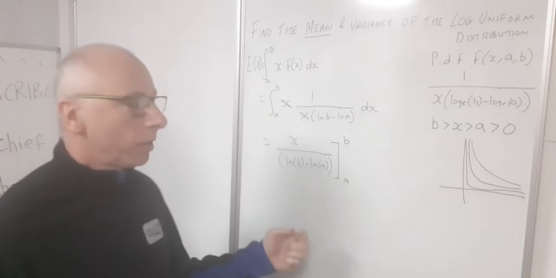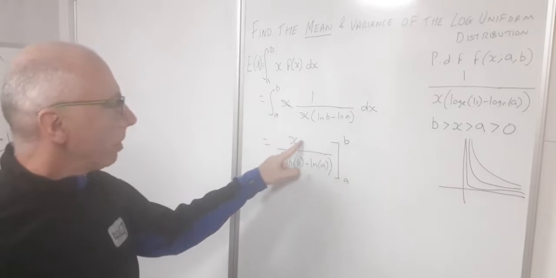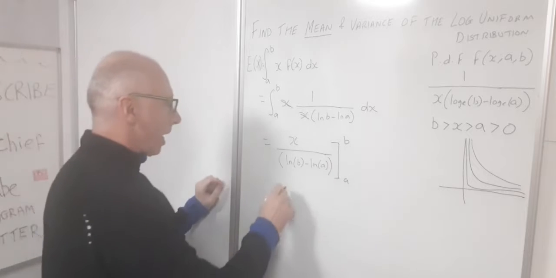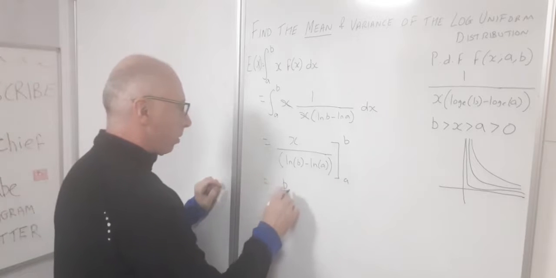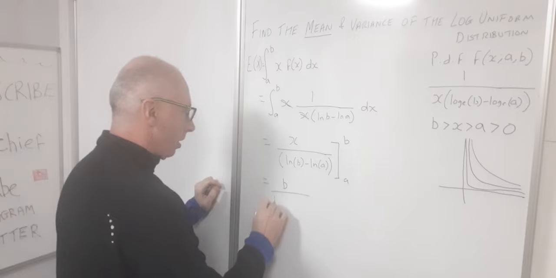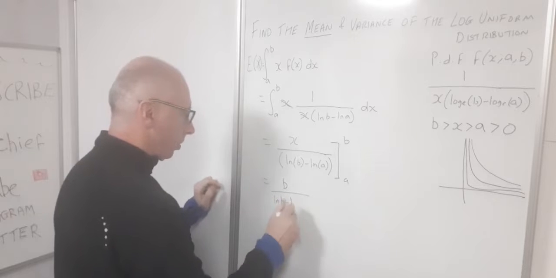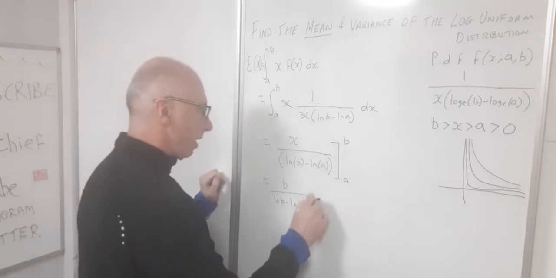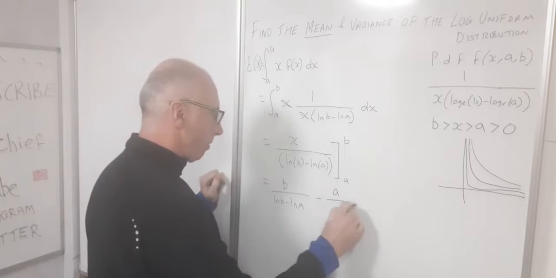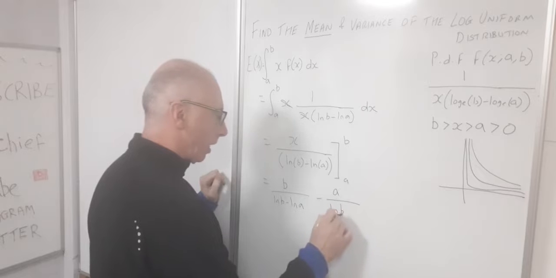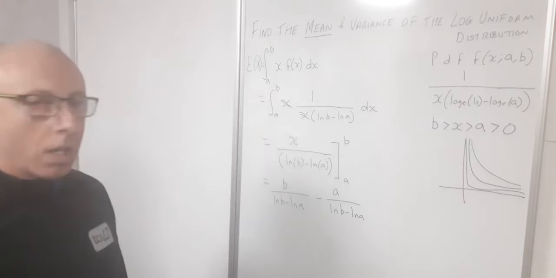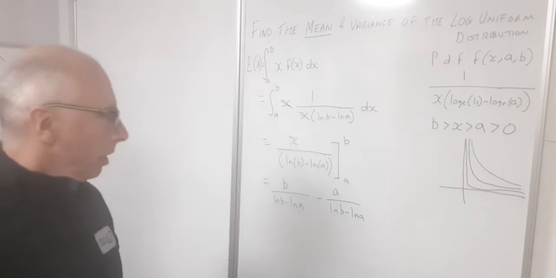Okay, so now all we need to do is plug in the difference between our parameter at b and our parameter at a. So this equals b over natural log of b minus natural log of a, and then subtract what we get at a, so that's a over natural log of b minus natural log of a. We can simplify this a little bit.